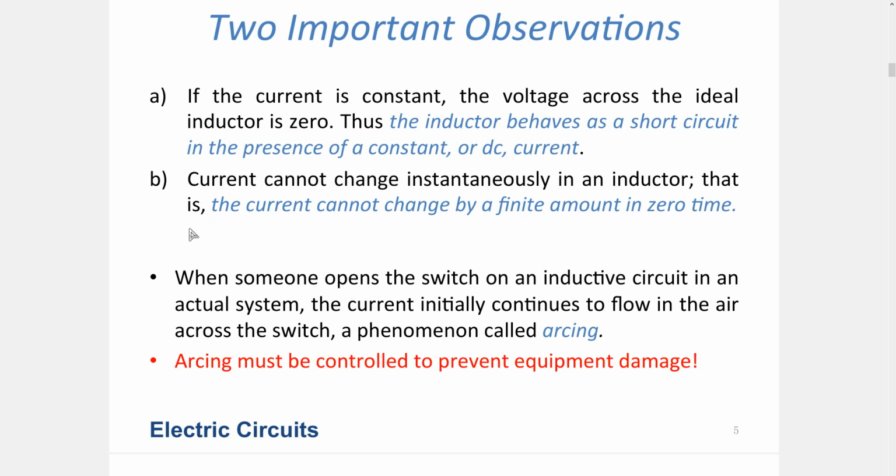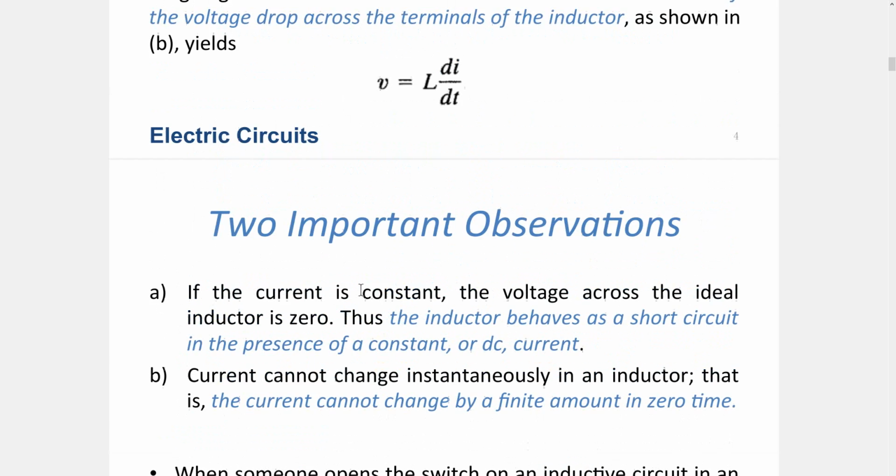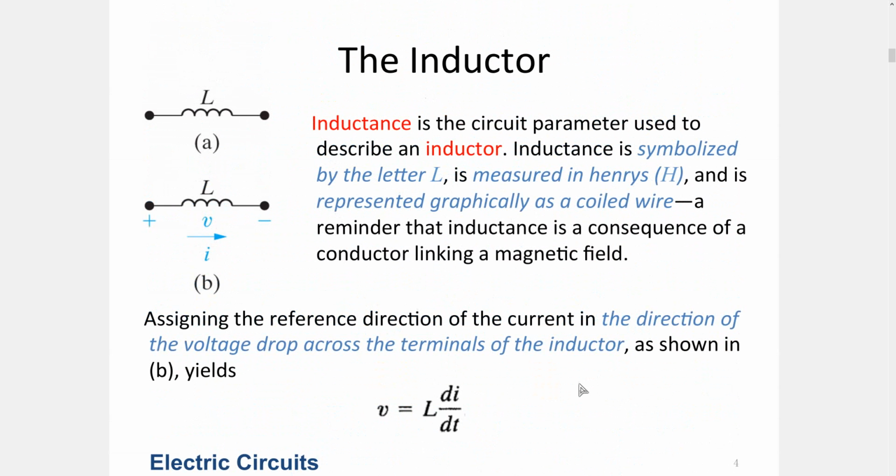Another observation that we can make at this point is that the current cannot change instantaneously in an inductor, which means that the current cannot change by a finite amount in zero time. If we again look at our basic terminal equation for the inductor, we observe that the change of the current has to occur within an interval.